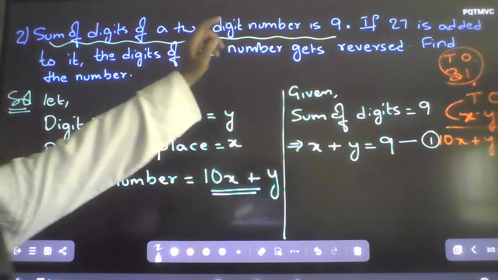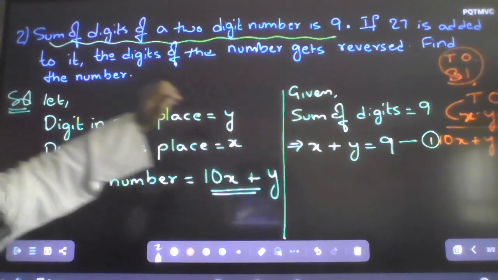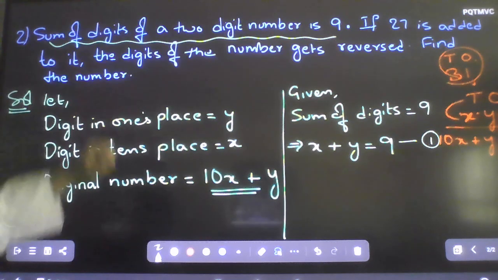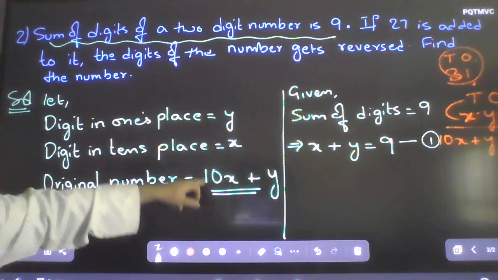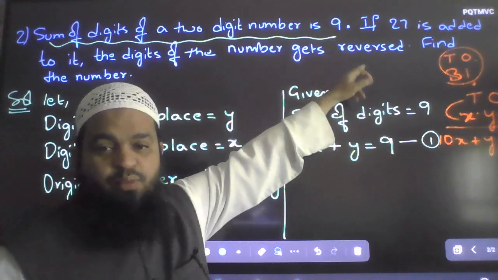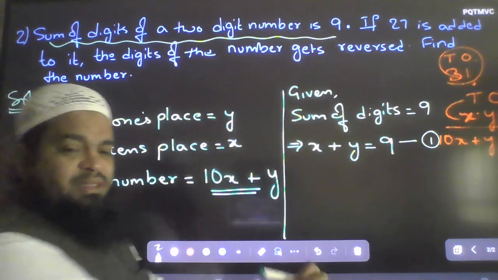Next, what is given? If 27 is added to the original number, the digits of the number get reversed. What will be the reverse number?